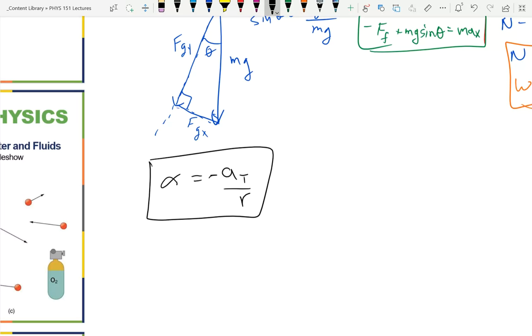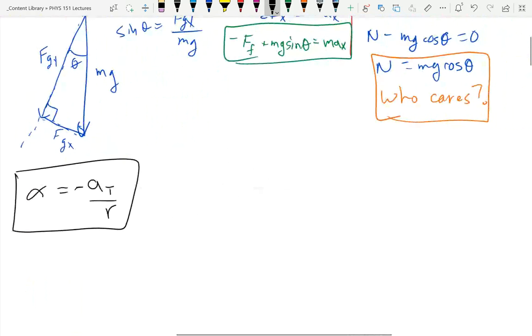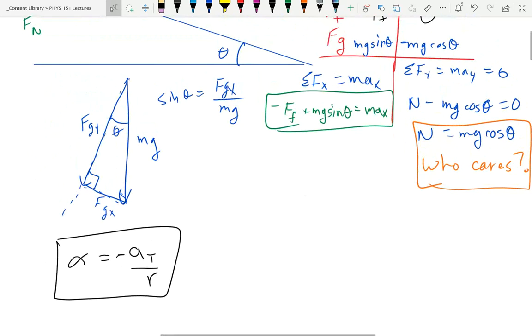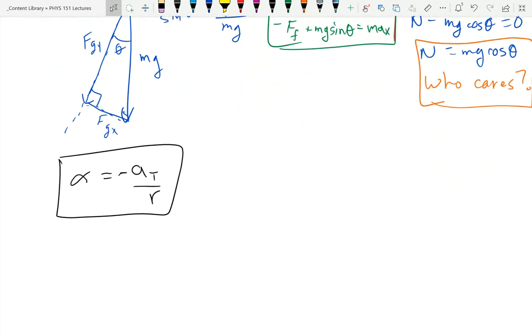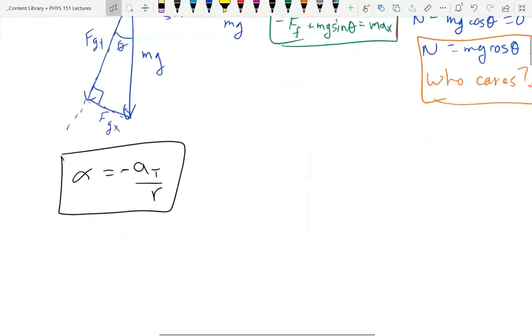First I'm going to write the three equations together because they're too separated for me to see them all at once.